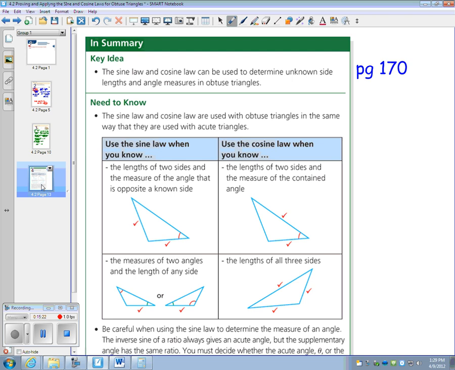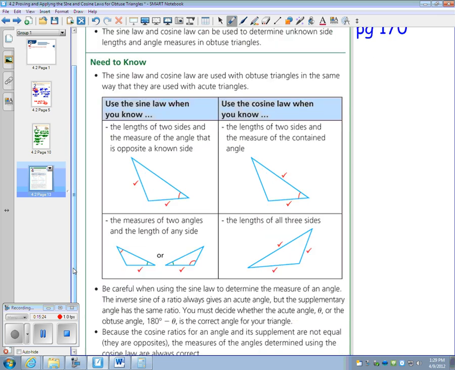If you know the lengths of two sides and an angle that is opposite one of them, then you're going to need to use the sine law. If you know two angles and the length of any side, you can use the sine law. Cosine law, if you know two sides and the angle contained between them, use the cosine law. Or if you know all three sides, use the cosine law.